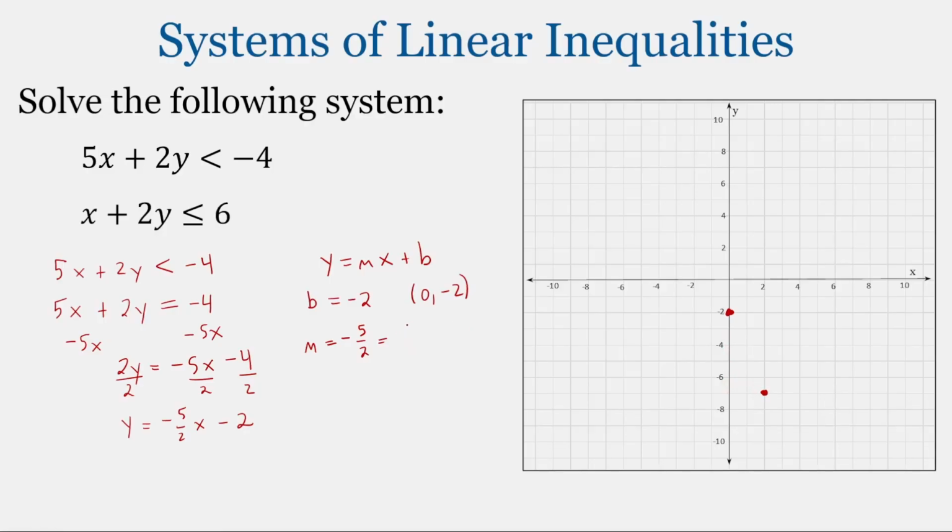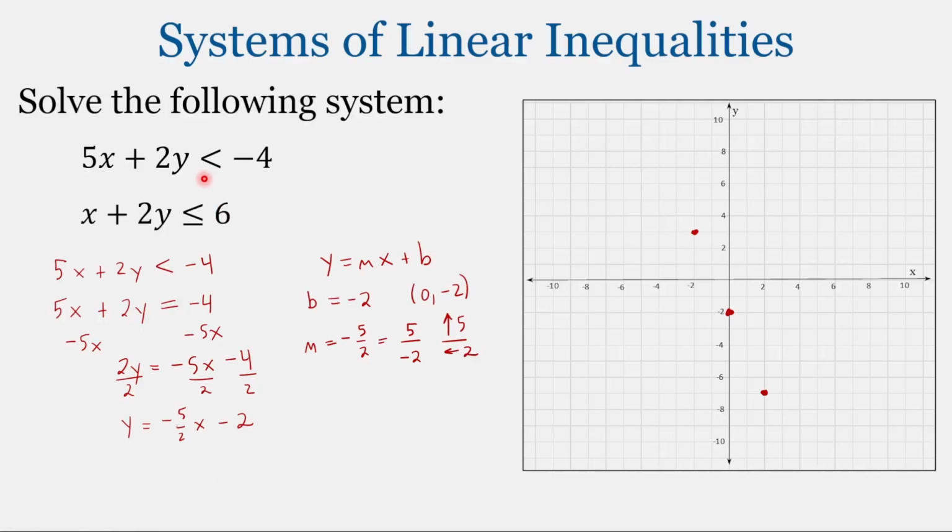We can also write negative 5 halves as positive 5 over negative 2. That means we're going to go up 5 and to the left 2. Again, starting at this y-intercept, we're going to go up 5 and to the left 2. So we have 3 points that are on our boundary line.